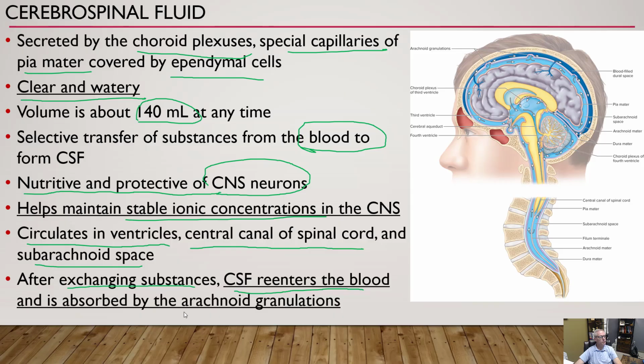And it's actually absorbed back into the cardiovascular system by these structures called arachnoid granulations. So you can see up here these structures called arachnoid granulations. And that's how cerebrospinal fluid gets back into the bloodstream.